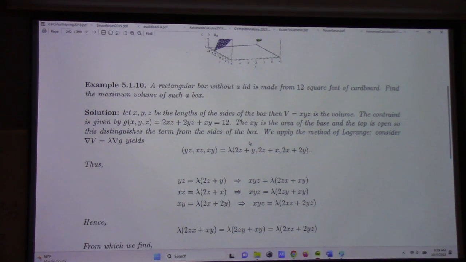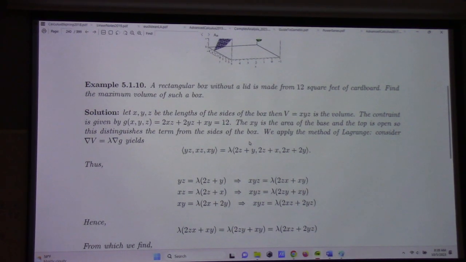And you've got zy here, zy there, xz here, and xz back there. So you have 2 of the front, 2 of the sides, 1 of the bottom. That's the formula for the area of the cardboard used. And then what do we do? Well, Lagrange multipliers, and then I solve the equations.